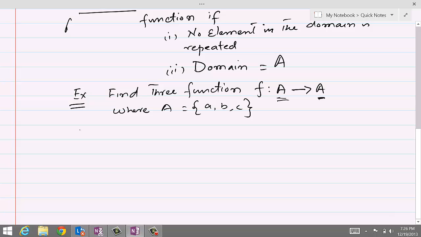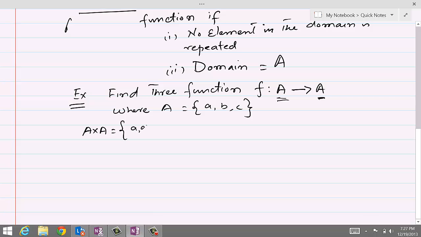So first, it would be easier if we find A cross A. A cross A must contain 3 times 3, in total 9 pairs.